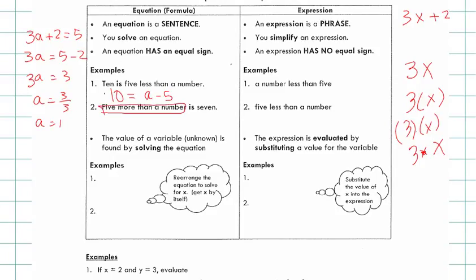Remember, a number we call it a letter. 5 more than that letter, how do you write that? Let's call it A. A plus 5. That's right. What did we say "is" means? Equals 7. Done.